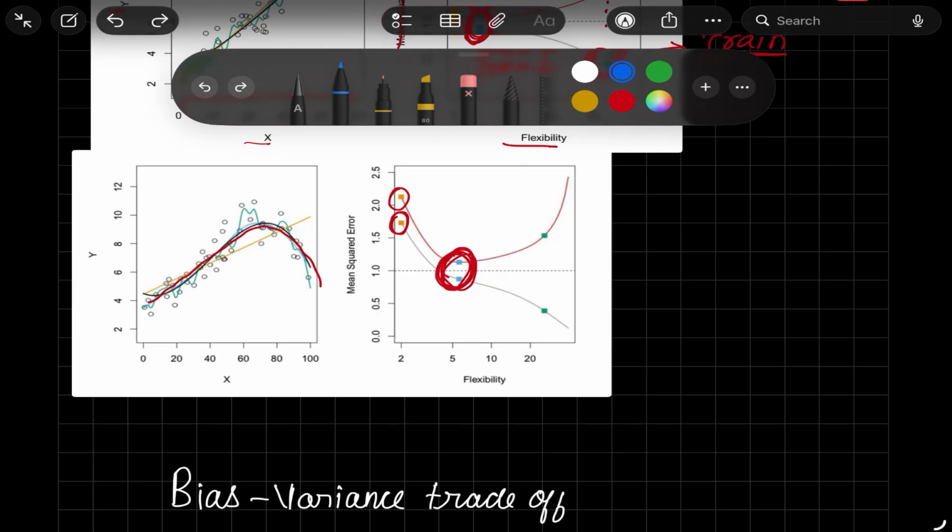The blue model is doing very well at this level. So we can consider this because the test error is also low and the training error is also low. Both are very low.